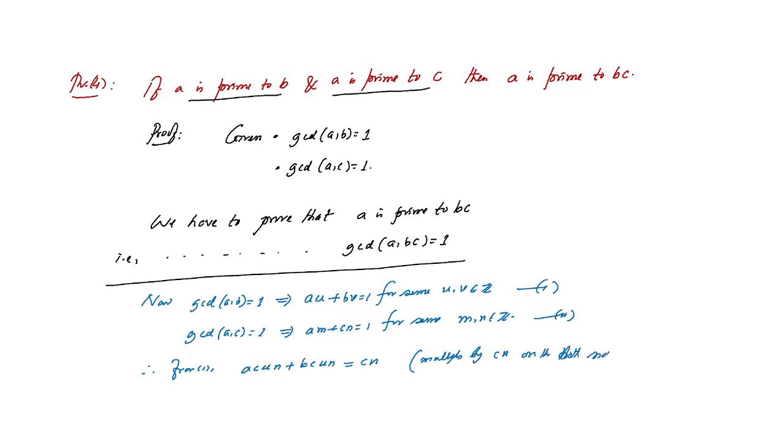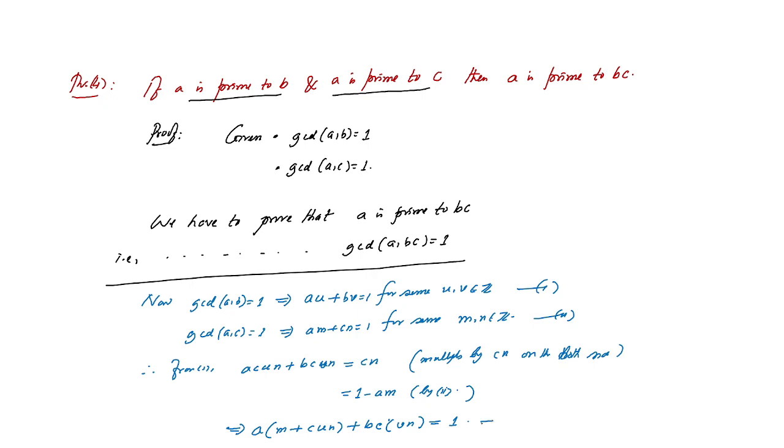Now what is the value of CN? CN is 1 minus AM, this is by 2. So what we can write here is that A into M plus CUN, plus BC into VN, equals 1.